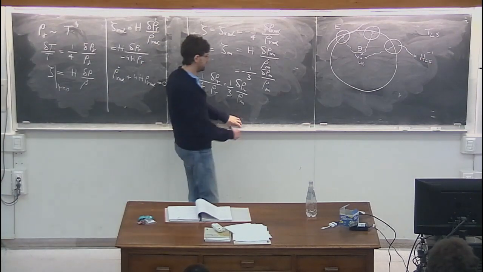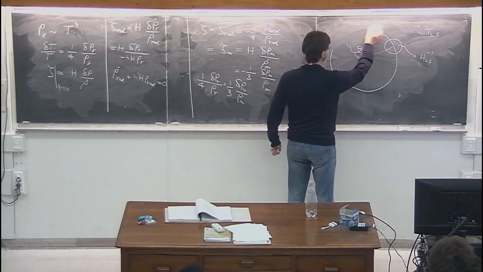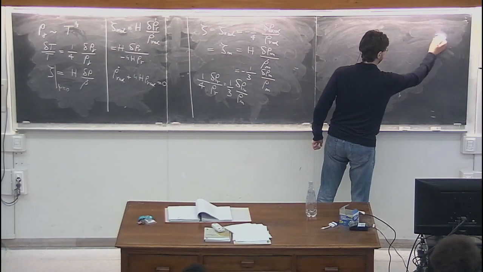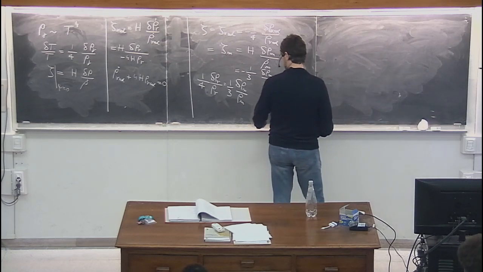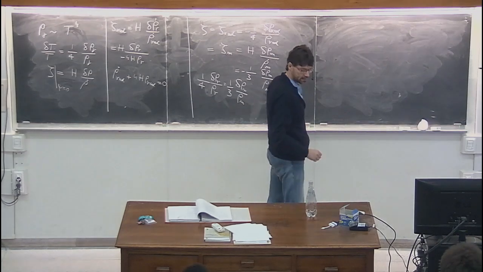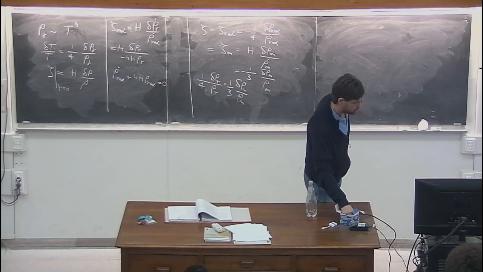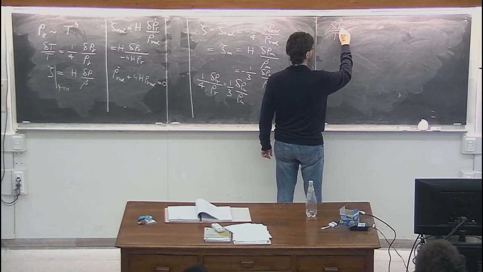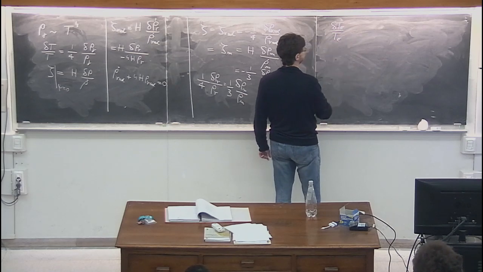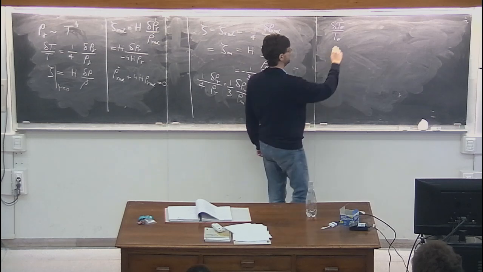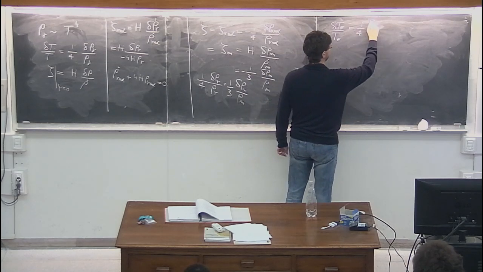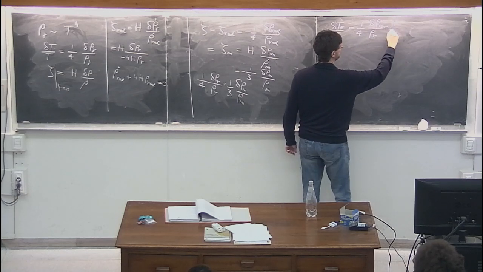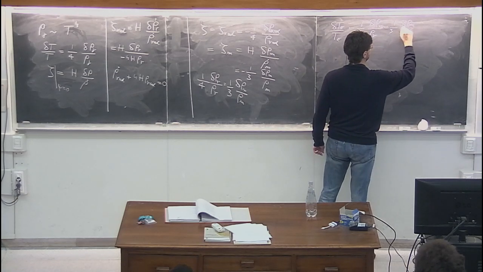So we get this information that delta T over T, and in fact let me put the label E, is equal to 1/4 delta rho radiation divided by rho radiation, which is also equal to 1/3 delta rho matter divided by rho matter.